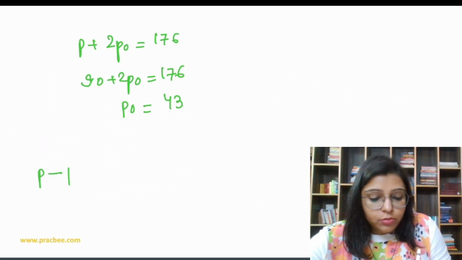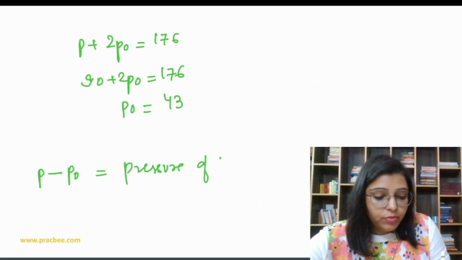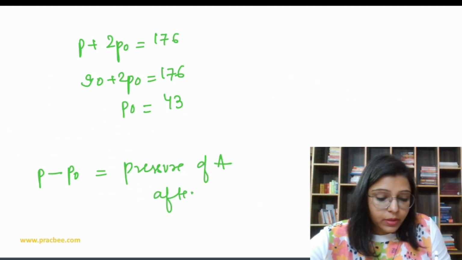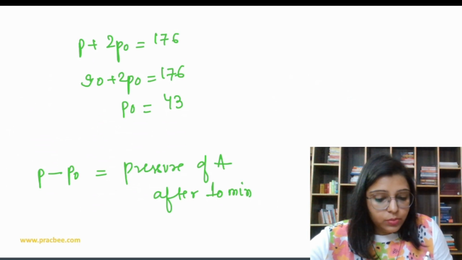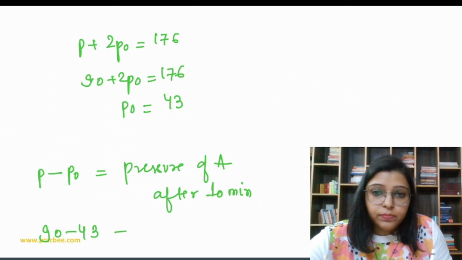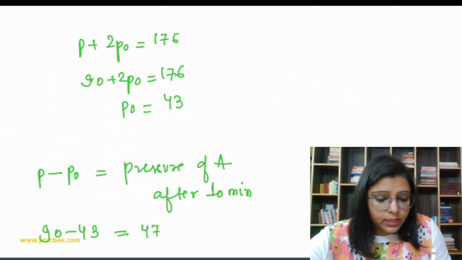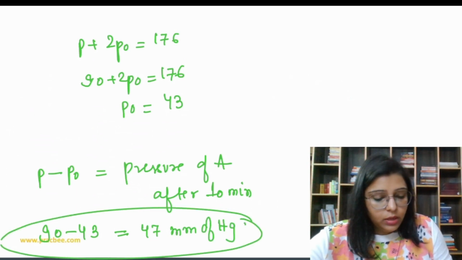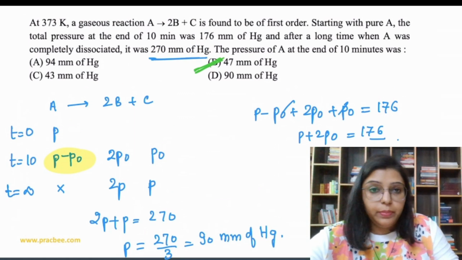Now we have to find out P minus P naught. This is the pressure of A after 10 minutes. So P is 90, and that is 43. So 90 minus 43 is going to be 47 mm of Hg. Okay. So the answer is option number B.